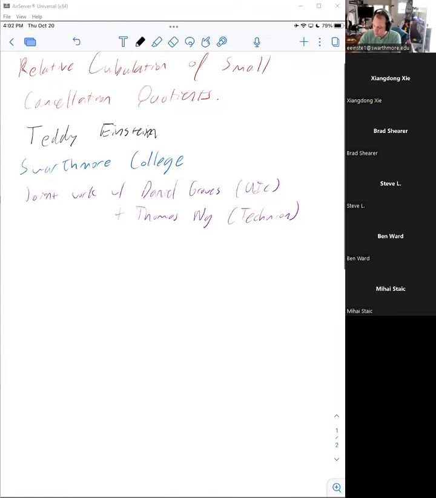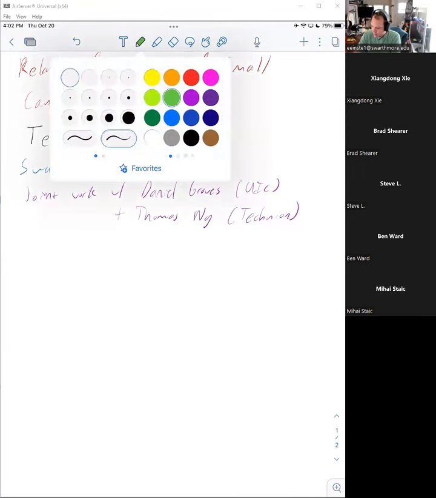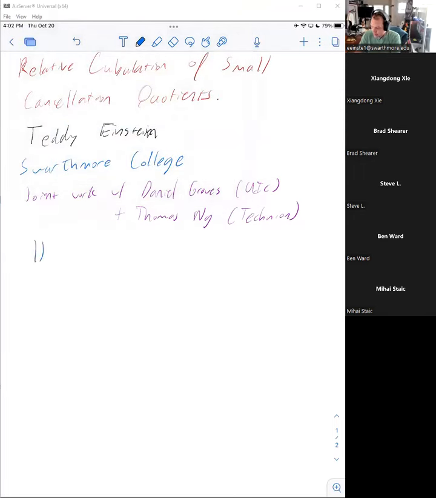So just to give you a broad outline of what I'm going to talk about today. At the beginning I'll tell you about what relatively geometric actions are. So the idea here, the relative cubulation means that we're going to try to construct these so-called relatively geometric actions on CAT(0) cube complexes. I'll talk a little bit about the background.